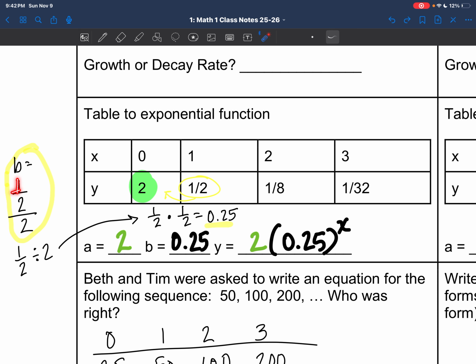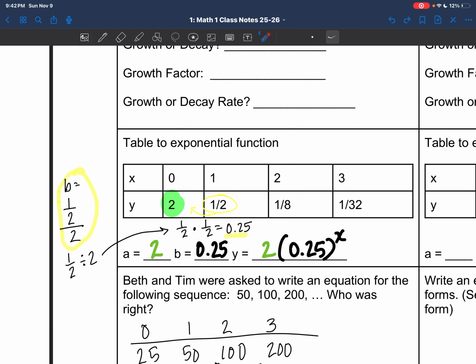So if I were to do 1/2 divided by 2, that's the same as saying 1/2 times 1/2, because you have to flip it and then multiply. So your common factor is 0.25 or 1/4, and either way works. So you can put 0.25 in here, or you could put 1/4 in there.